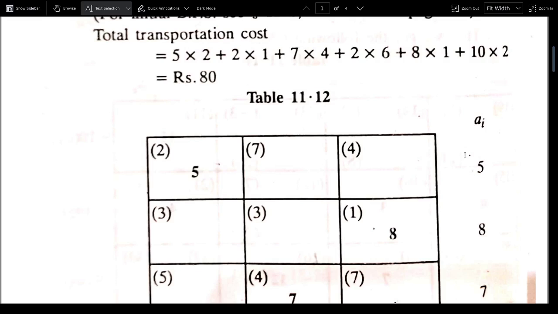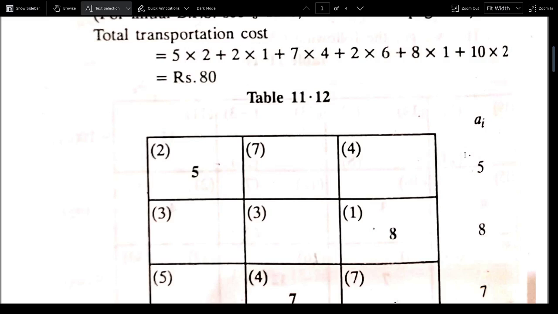In this way, next you find out the penalties again. You delete the first row, then from the remaining, you make the table again. When you make the table, you again find out the penalties, and the maximum penalty, you choose and enter that row or column. So in this way, you will get the table, table number 11.12.